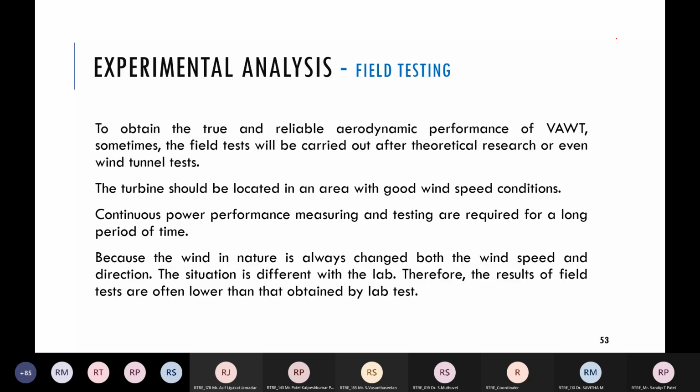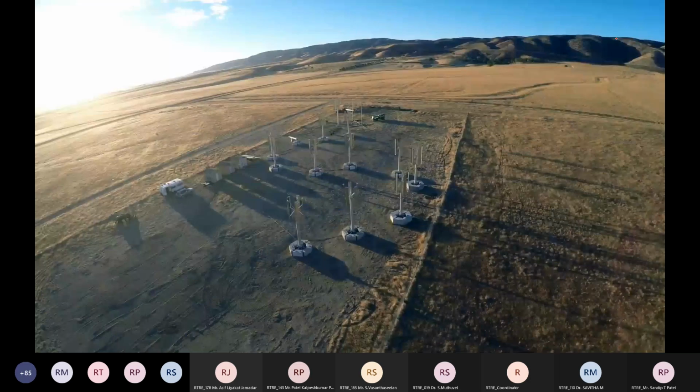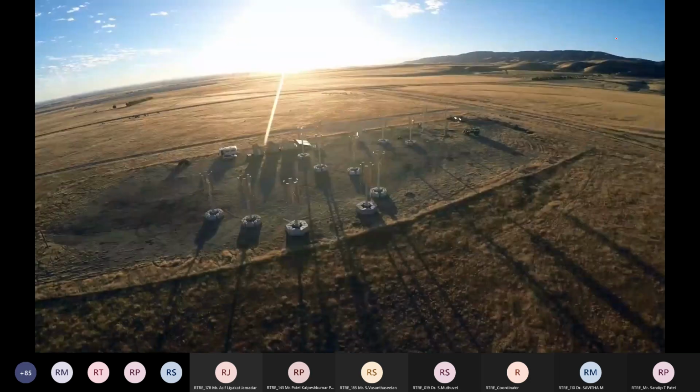What they do is put the turbine in an area having good wind speed conditions over a large period of time, for 6 months to 1 year, and they give you results of performance data throughout that time span. So this is one video from Stanford University, what they have done for a straight bladed turbine. It's an actual field testing.